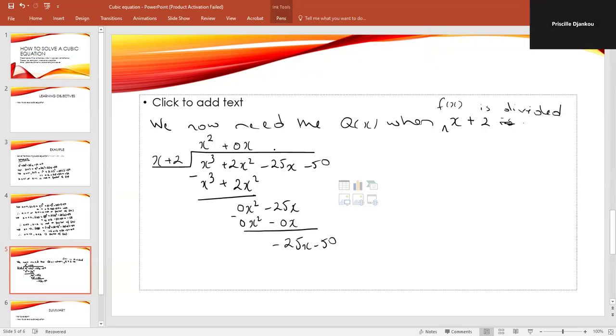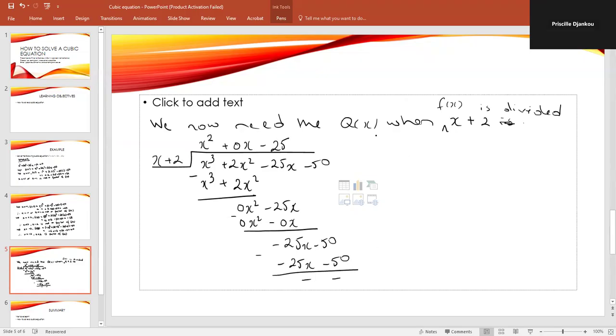What next? We ask ourselves the question, what do we multiply x with to obtain minus 25x? Definitely minus 25. So minus 25 times x gives us minus 25x. Minus 25 times plus 2 gives us minus 50. And if you subtract this, we're going to have a 0.